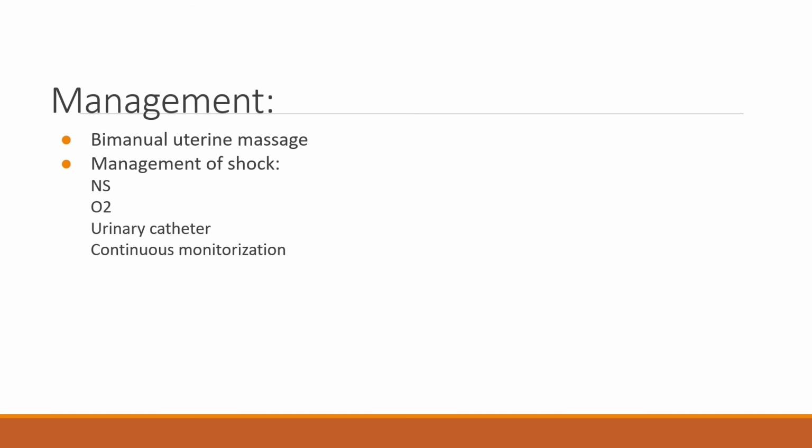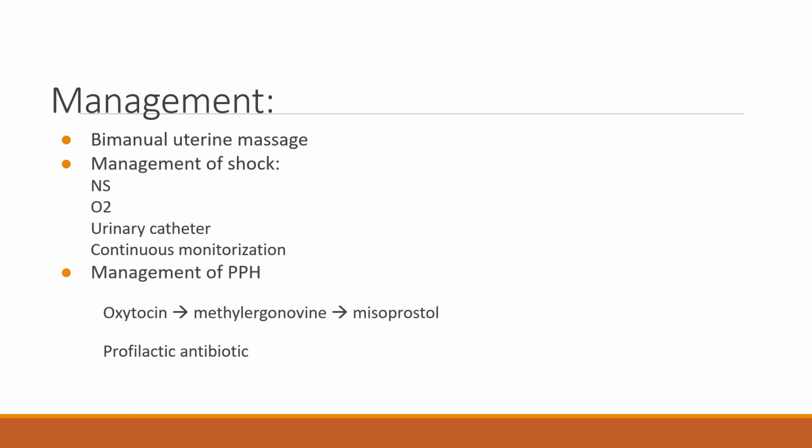Oxygen because she is saturating under 93, a urinary catheter to see the urine output, and always remember continuous monitoring. Then the management of PPH, starting with oxytocin, methylergonovine, misoprostol, and then carboprost if you have it. And in this case, since we have shock, we have to remember to add prophylactic antibiotics.